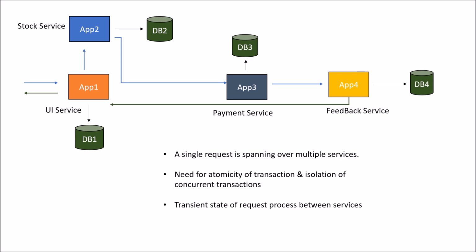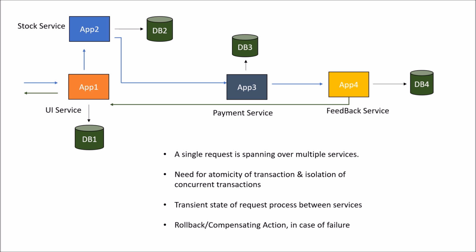In this case, your money is deducted but the transaction is showing failure. If the transaction fails, the amount that is deducted should be returned to the user. So this transient state of request processing between services needs to be persisted in case of failure also. Moreover, in case of failure, there should be a rollback or compensating action.